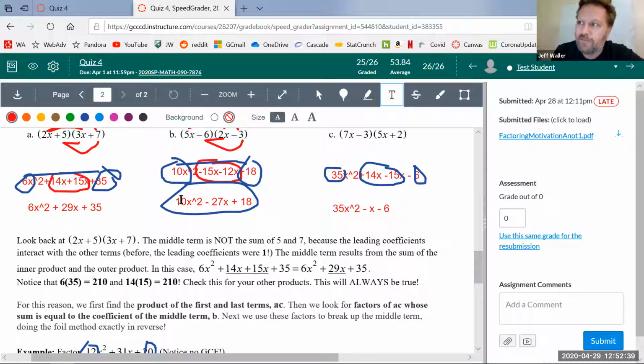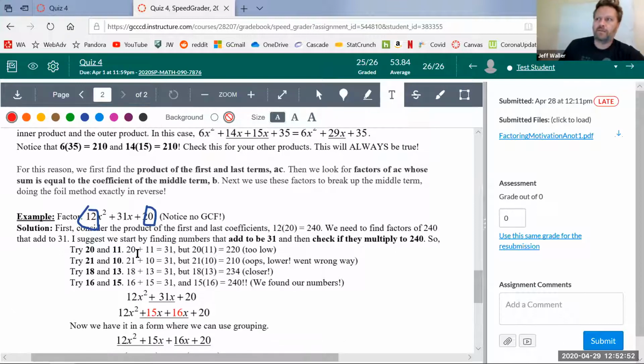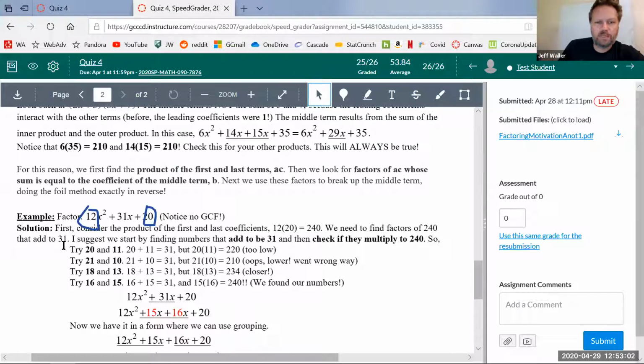So if I can find factors of this number times that number that add up to the middle number, I can write something like this. I can work with it. So watch. 12 times 20 is 240. I need factors of 240 that add to be 31.